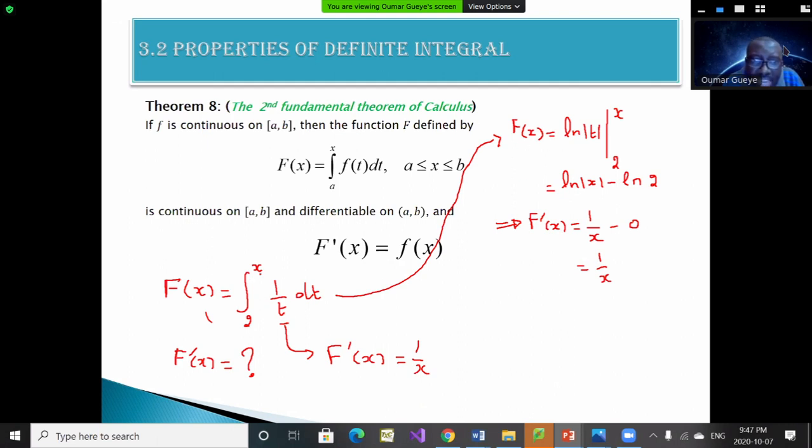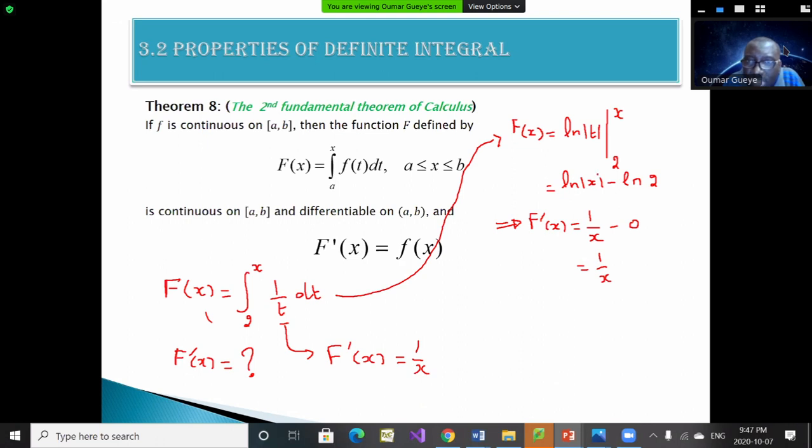To get the derivative, I first calculate explicitly my function. When I calculate it by using the FTC, the antiderivative of 1 over t is equal to ln of t. You take it at 2 and at x, and you get this line. Now, as I told you at the beginning, my question is to get the derivative. Now I have to differentiate this part if I want to get f dash.